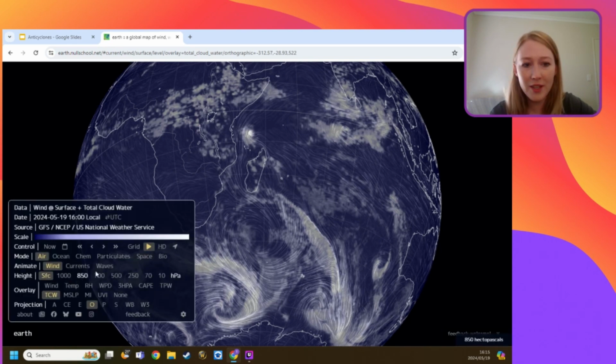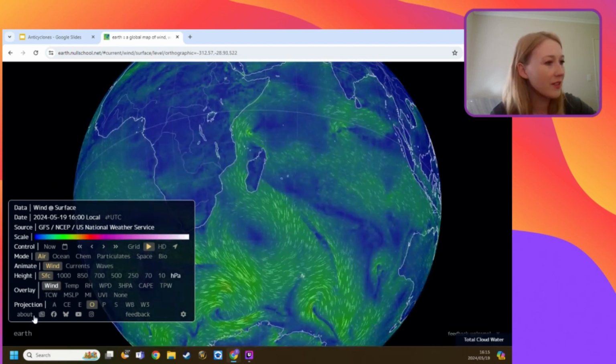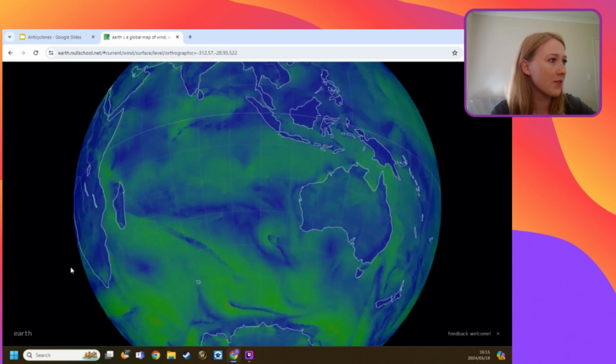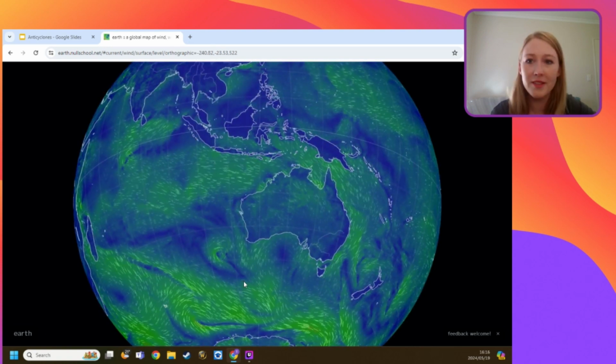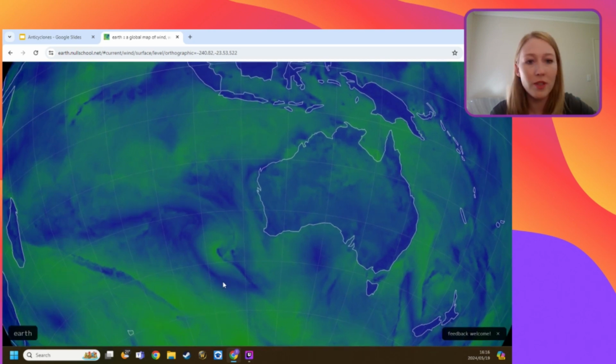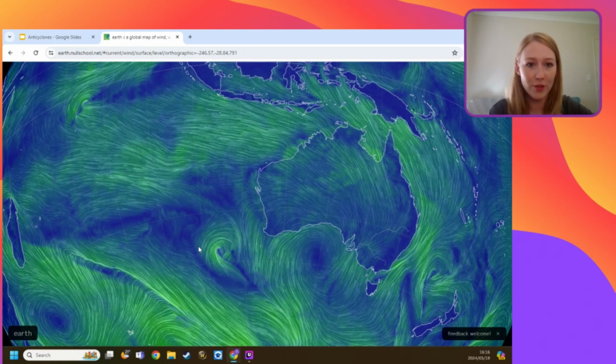But if we look in the other direction, go back to the wind. Find something that's clockwise. Yeah, smaller. There we go. That's moving clockwise. So that's a cyclone.